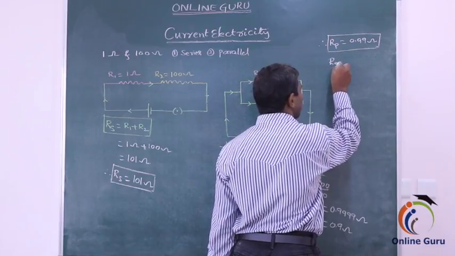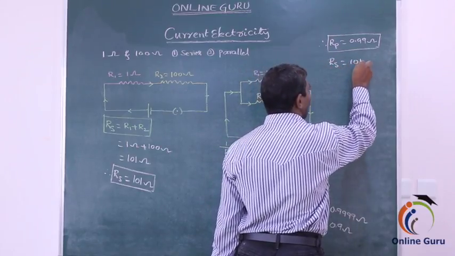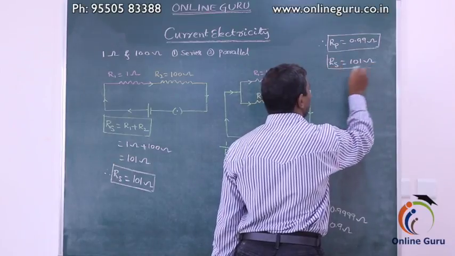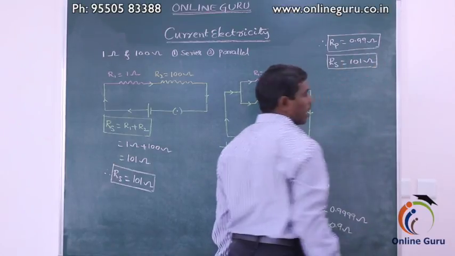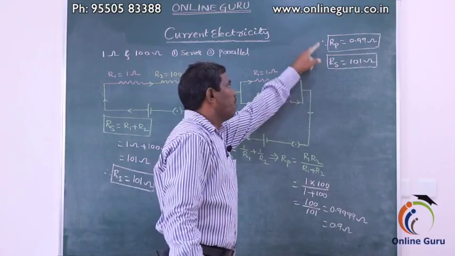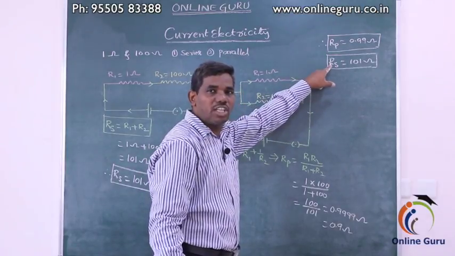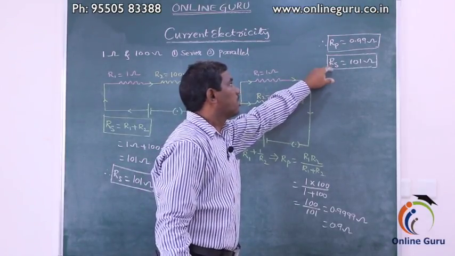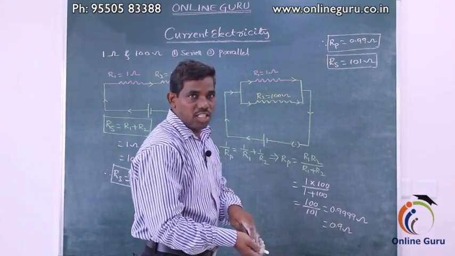In a series combination, Rs is equal to 101 ohms. Observe these two resultant values: the series combination gives a much larger value than the parallel combination.